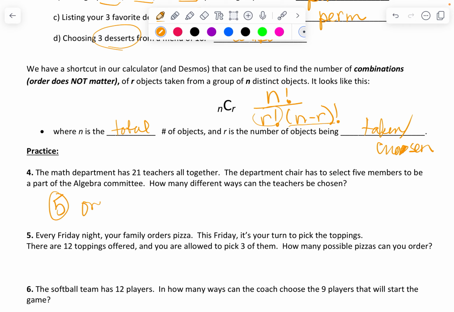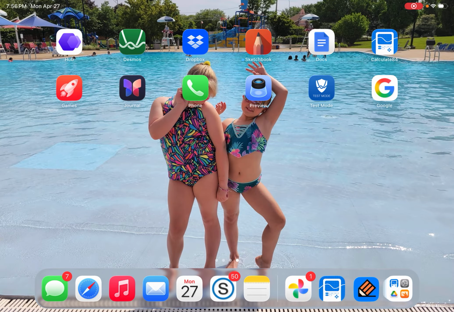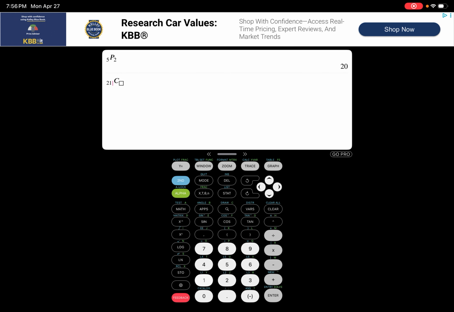So the order doesn't matter. When the order doesn't matter, then we use the C. Okay? We don't want to write that formula every time. We're just going to make the calculator do this for us. So we have 21 and we want to choose 5. So we go back here. We have that set up. We have 21, choose 5.